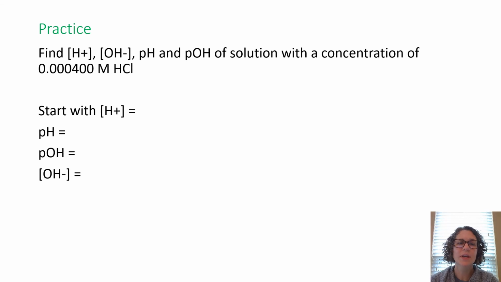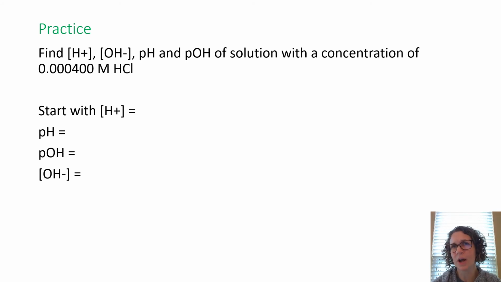Okay, so here is our practice problem. It's asking you to find the four components: the concentrations of hydrogen and hydroxide, the pH value, and the pOH value of the solution. The first thing it does is basically tell you the H concentration. It says you have a solution with a concentration of 0.0004 molar HCl.